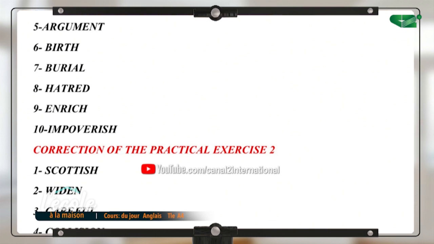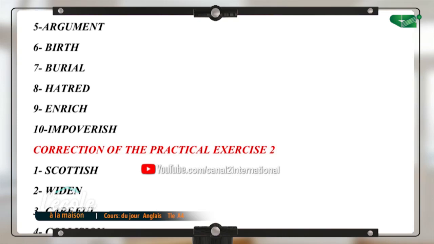Number 7. Many people from all over the world attend the dash ceremony more than we had thought. Inside the bracket, bury. To bury is a verb.